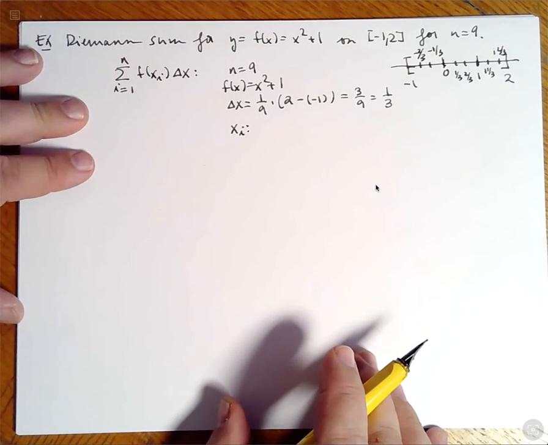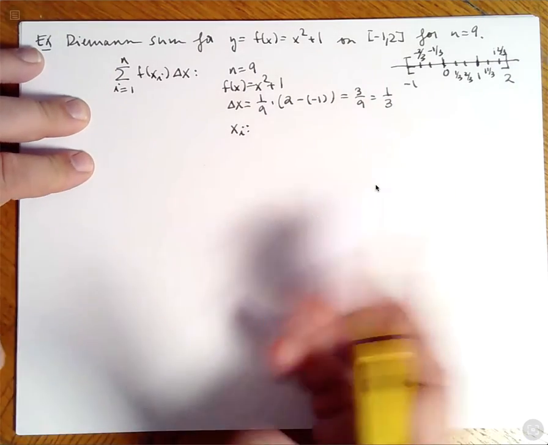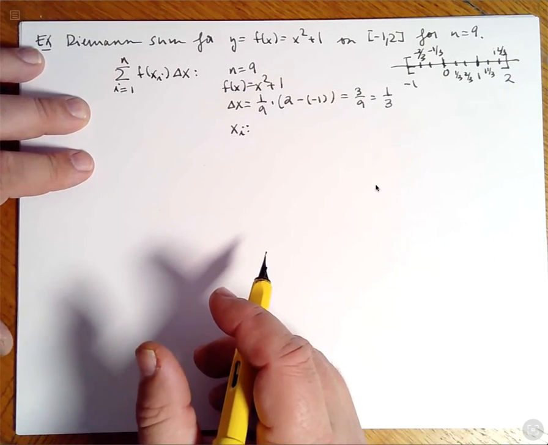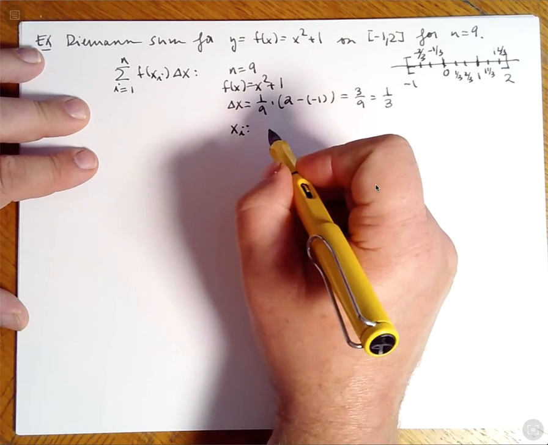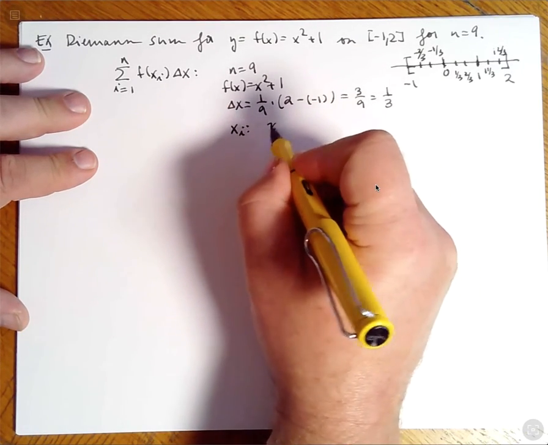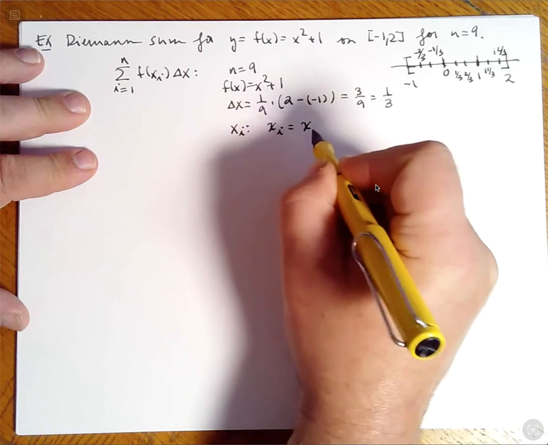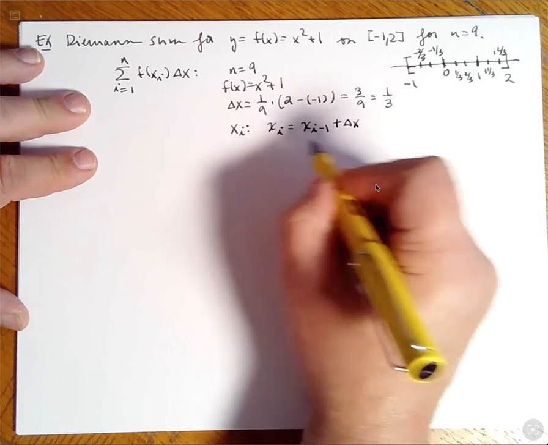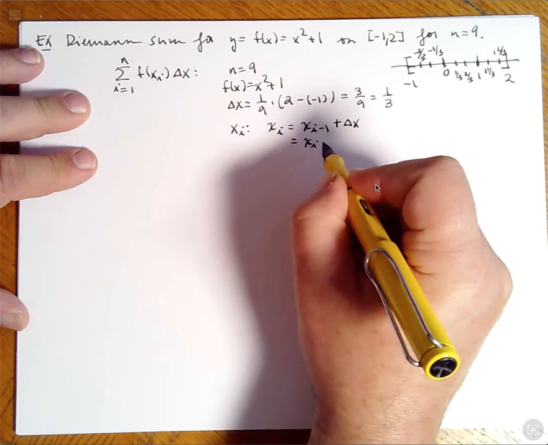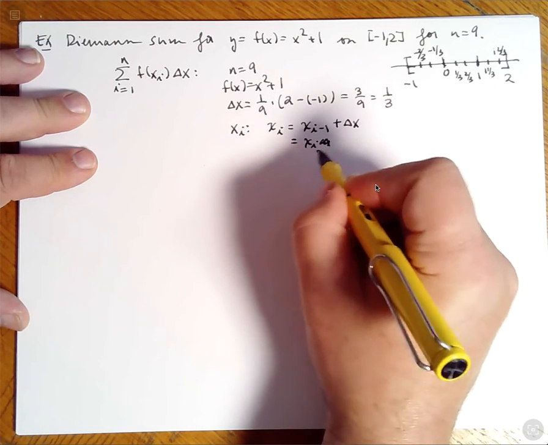So these will be our actual concrete partition points, but that's not the way I want to think about them. I want to think about them in terms of xi being the previous partition point plus the delta x. That is xi minus 1 plus a third.